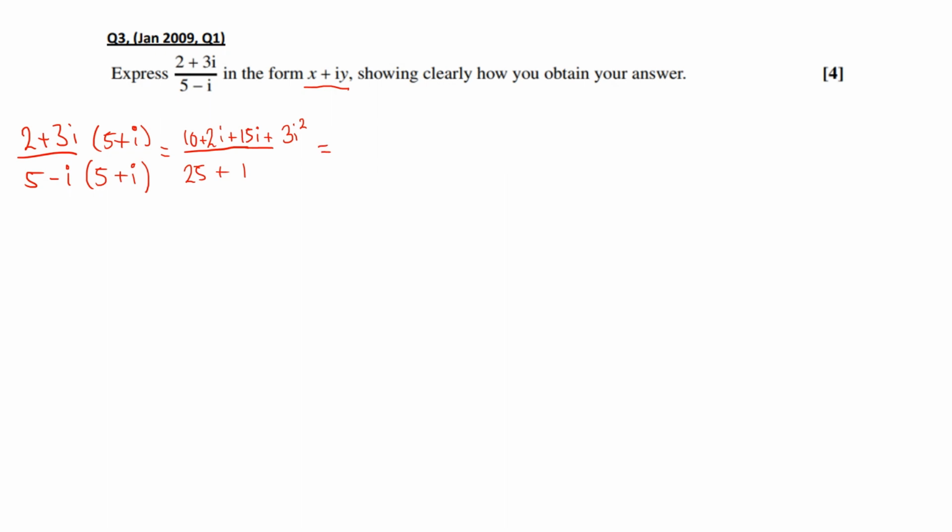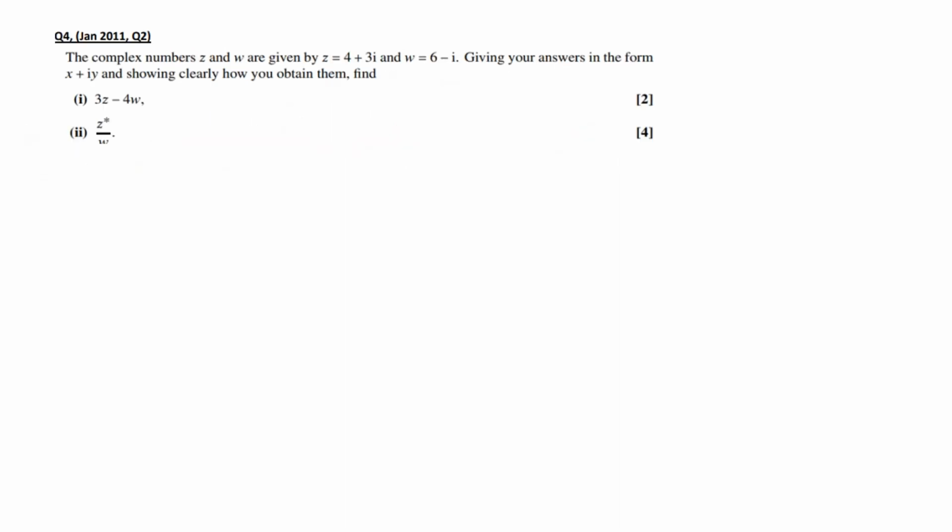So we're going to have 26 on the bottom divided by 10, and this is minus 1, so this is going to turn to be minus 3. So 10 minus 3 is 7. 2 plus 15 is going to be plus 17i. Right, so then we're going to get 7 over 26 plus 17 over 26i. That should be that one, I think.